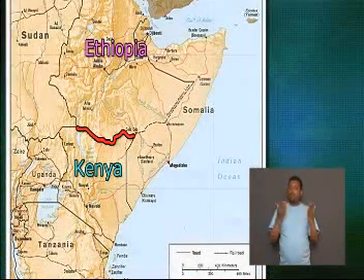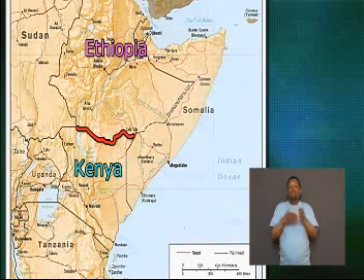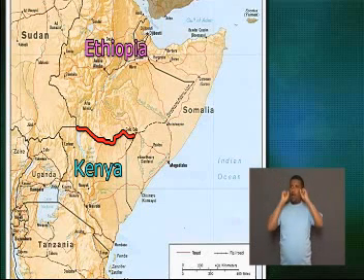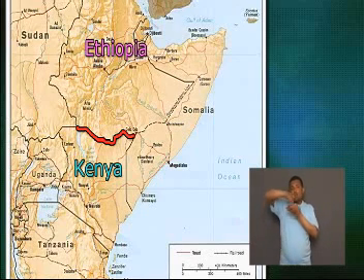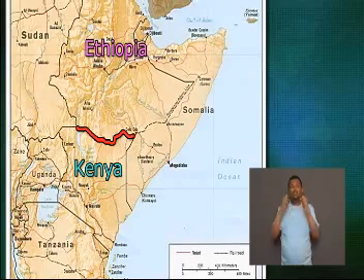For example, it would be useful for a tourist to be aware of where the international border is if they were trying to travel from Ethiopia into Kenya. Go ahead and get started now.